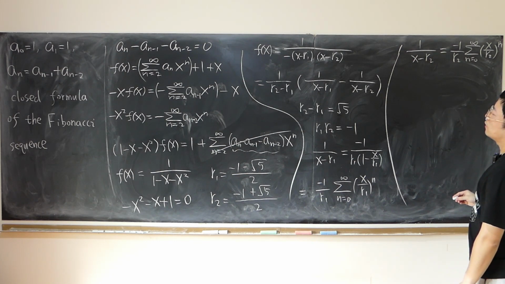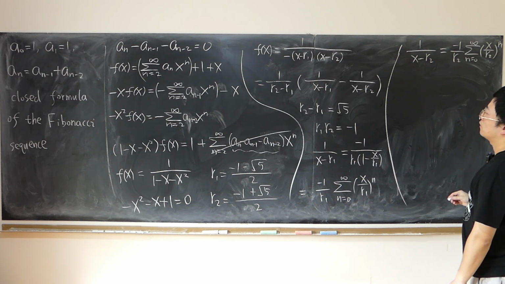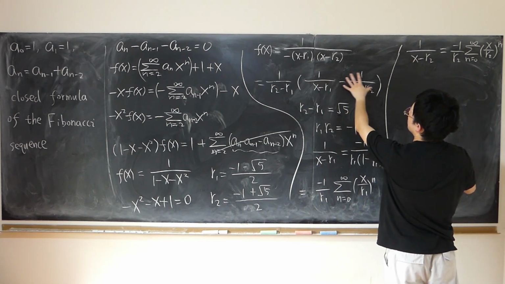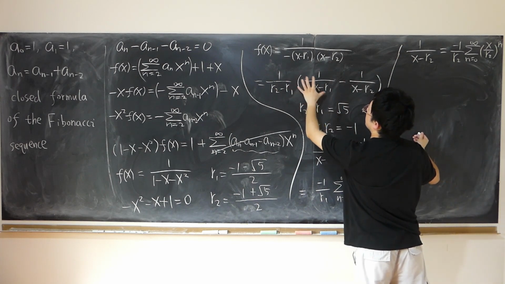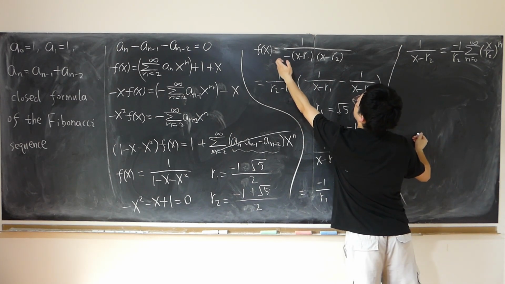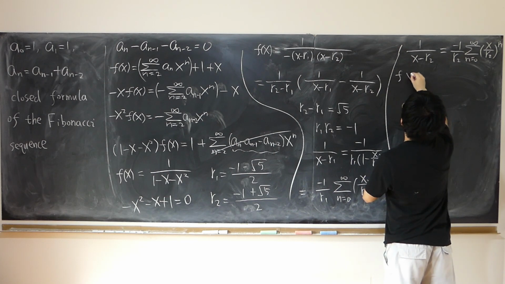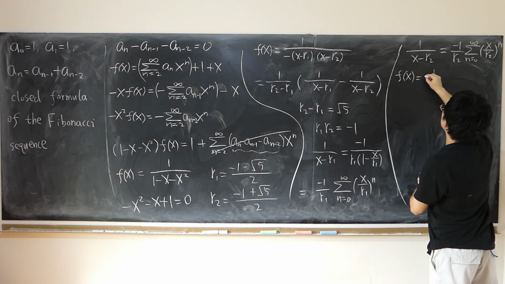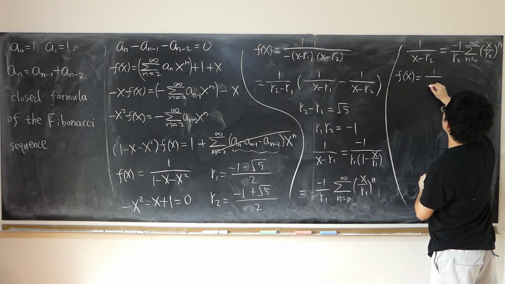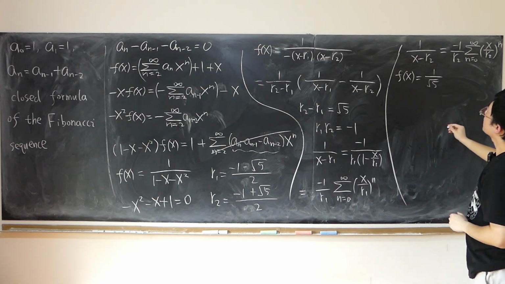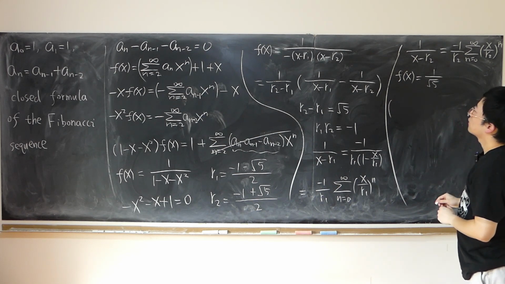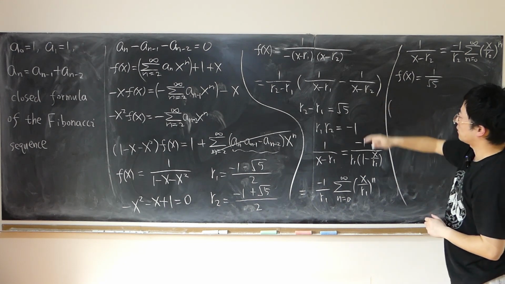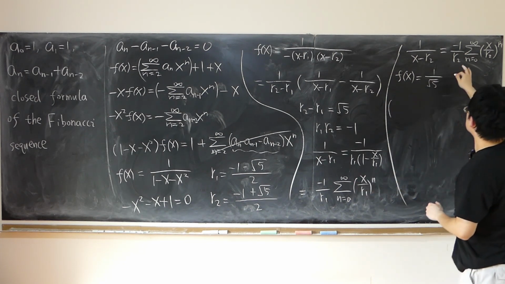And so now I can just rewrite this term together with this term, right? So f of x this time should be equal to 1 over r2 minus r1, square root of 5, times bracket, this term minus that term. So this term minus that sum.